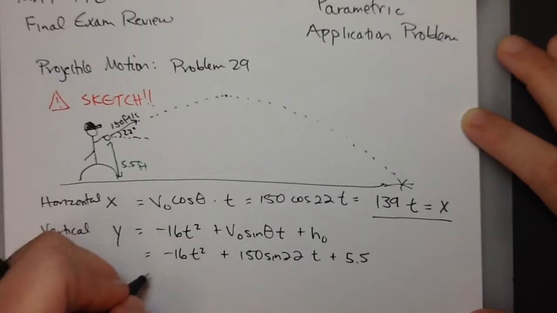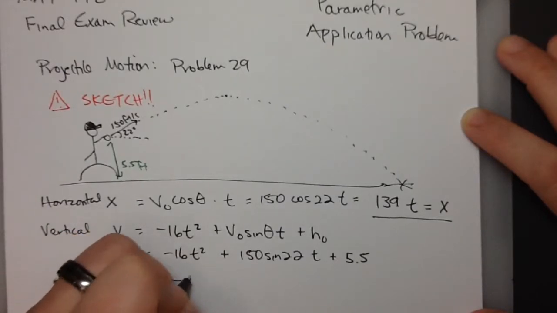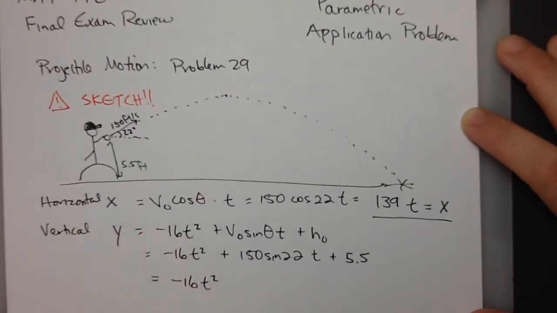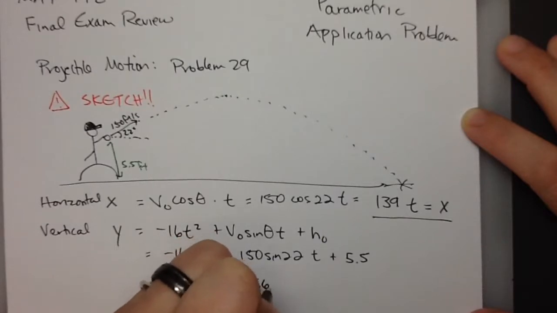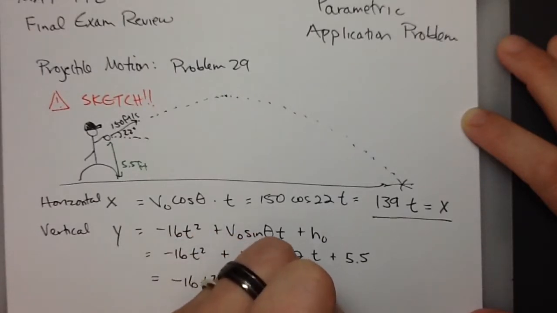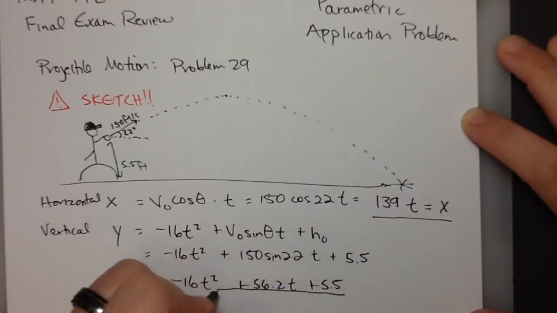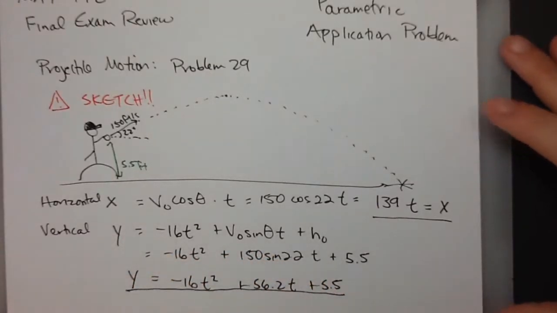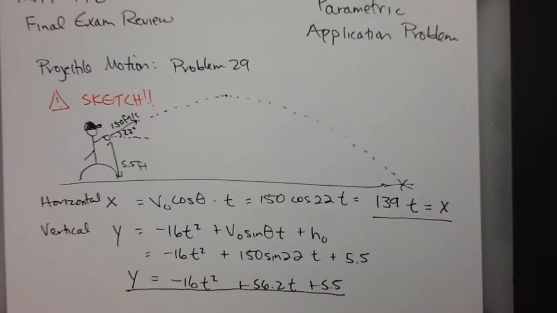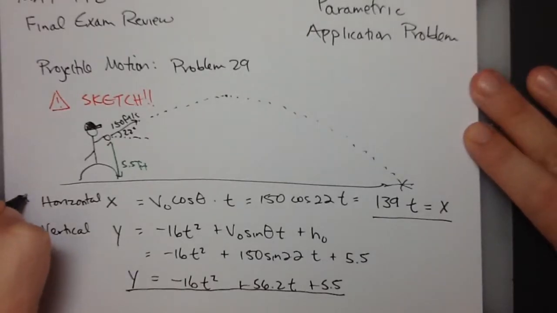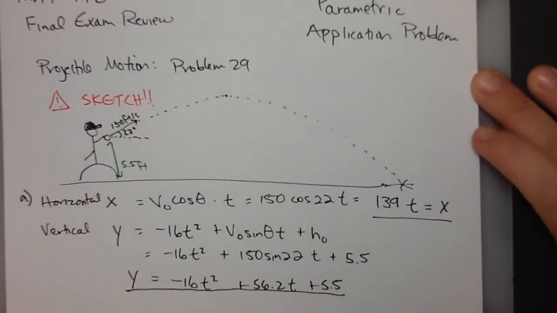So this simplifies to negative 16t squared plus 56.2t plus 5.5. So this is our y equation for this problem. And so this is part A: just determine what the equations are for this problem.